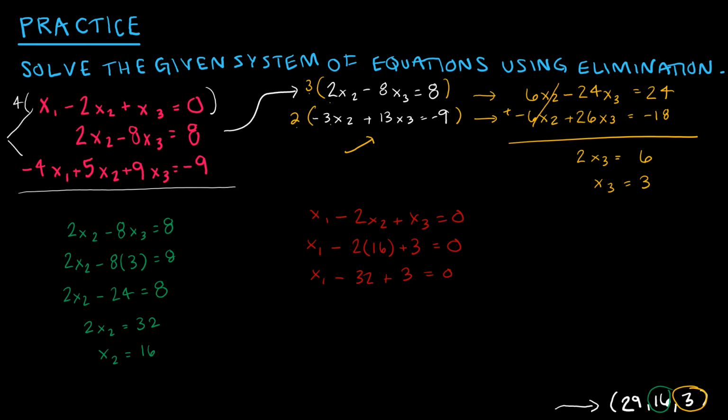Minus 32 plus 3 is minus 29. Add 29 to each side. I get x1 is 29. And yay. So again, we're always going to write our final solution as an ordered pair or ordered triple in this case. So 29, comma, 16, comma, 3 is my final solution.